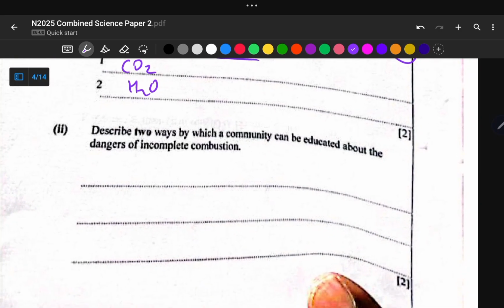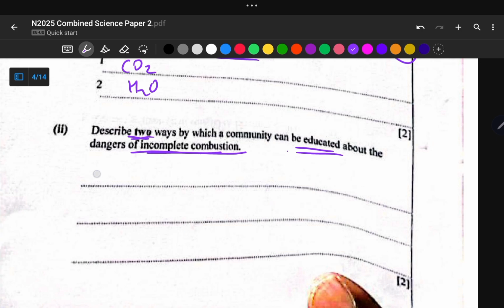And then we go on to the next part. Describe 2 ways by which a community can be educated about the dangers of incomplete combustion. How can we educate the community on the effects of incomplete combustion? First, you need to carry out public awareness campaigns through the use of posters, social media and workshops to educate the community on the effects of carbon monoxide, which is one of the products of incomplete combustion, right?